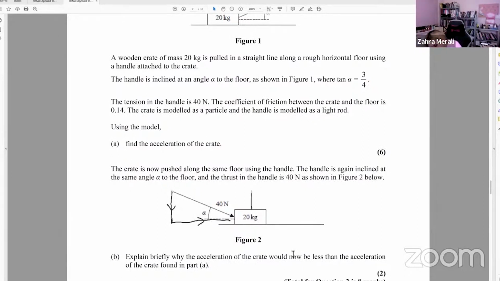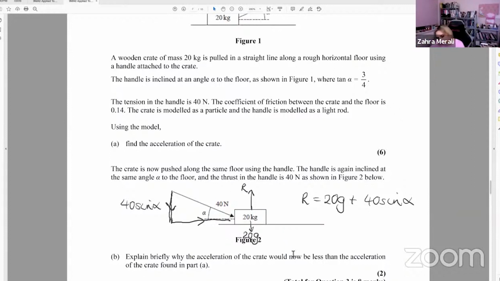And remember, R acts upwards. So now what that's going to do is make the R bigger, because R is going to equal 20g plus whatever this component is. So 40 sine alpha. You don't need to calculate it, but essentially you're going to say, well, R will be bigger, which means the friction will be bigger, which means there'll be less acceleration.